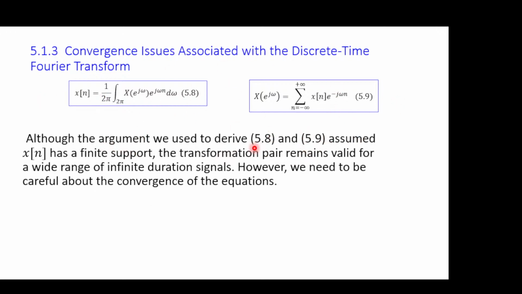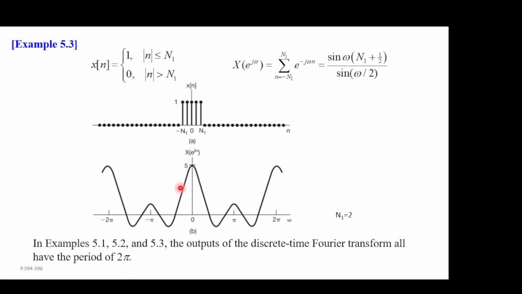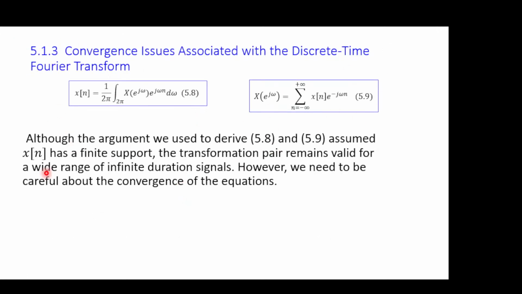Your Fourier transform pair assumes our x of n has finite support. But actually for infinite support x of n, so things like this, where n goes from minus infinity to plus infinity, your Fourier transform pair still holds in some sense. But not every function holds.